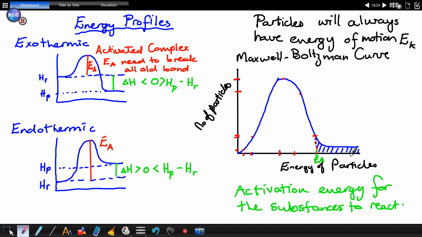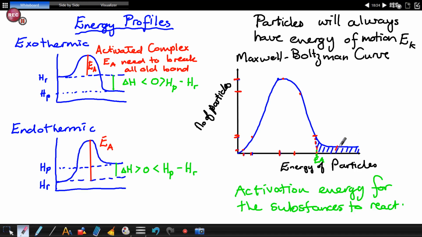Okay? So most of the particles have energy less than the activation energy. It's only a small number of particles that will have energy higher than the activation energy. So you got it now. Mark, this is where you are after the activation energy. What is that?